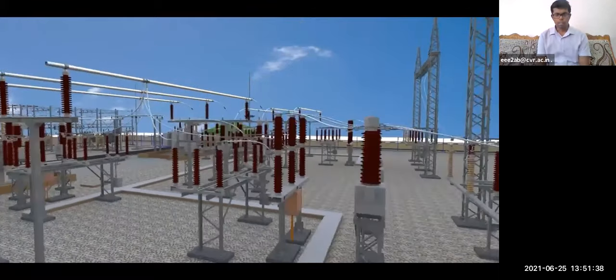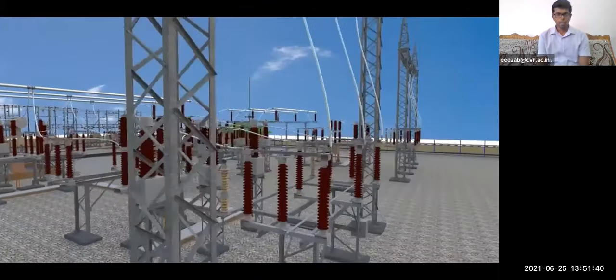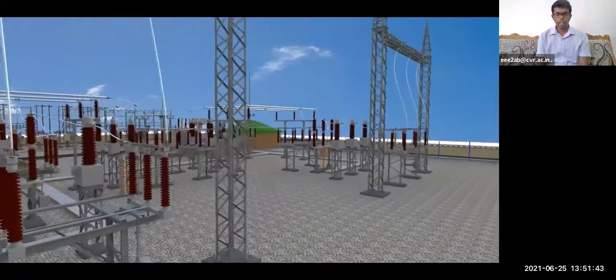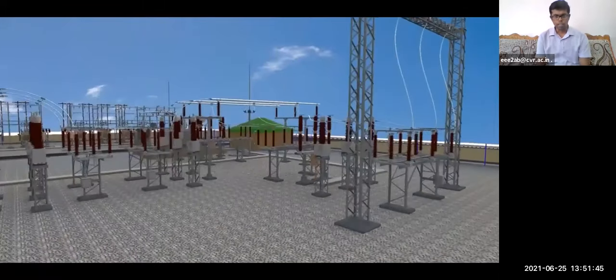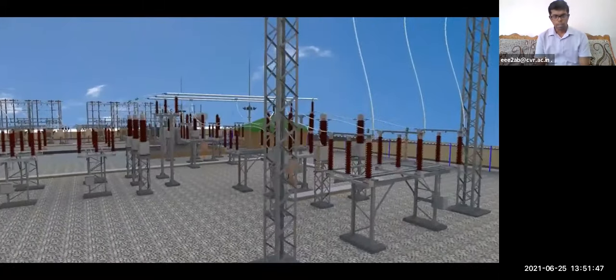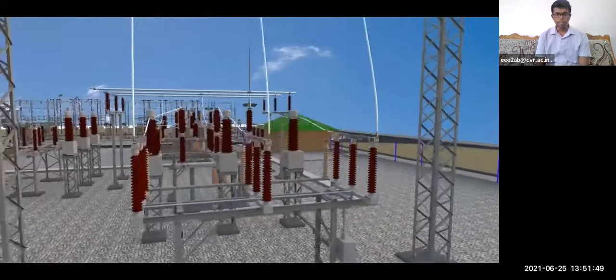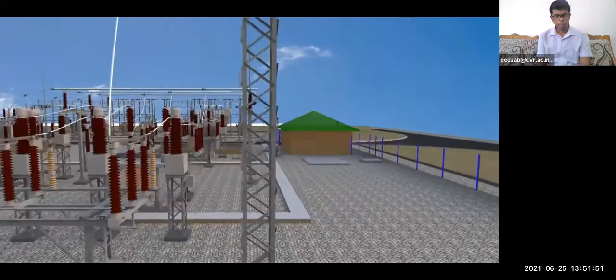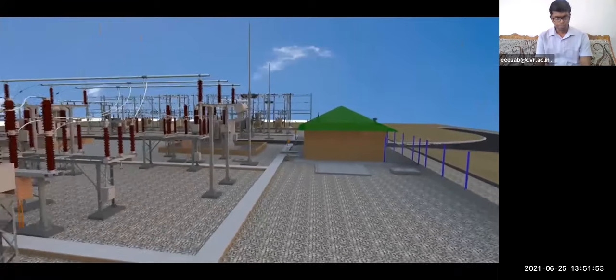So this structure is common. The geographical area is somewhat different, but the structure is common. So the entire setup will be like this only, the same as we discussed.